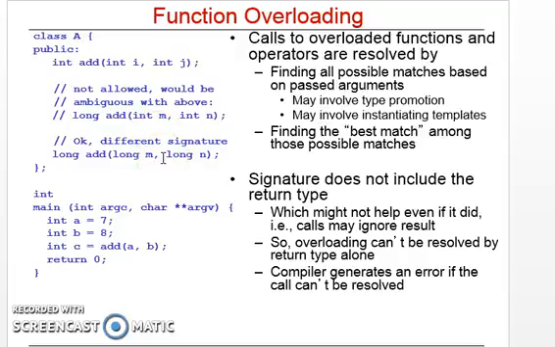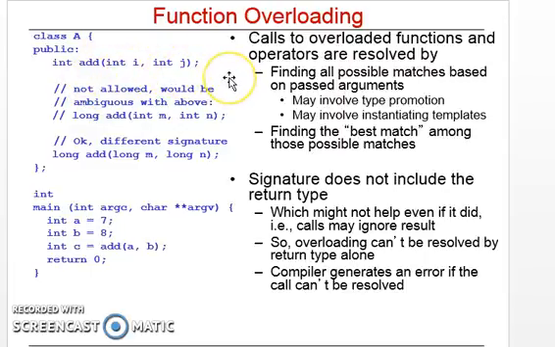When we give two parameters, int a equal to 7 and int b equal to 8 as initial values, and send them to the calling statement add a comma b, the resolution of which function is to be executed takes place based on the parameters we have sent. Because these are two integer values, the first function int add int i comma int j gets called.